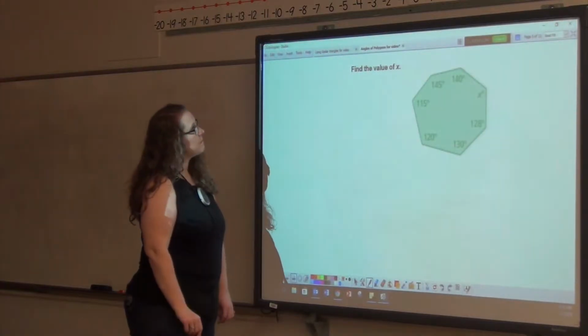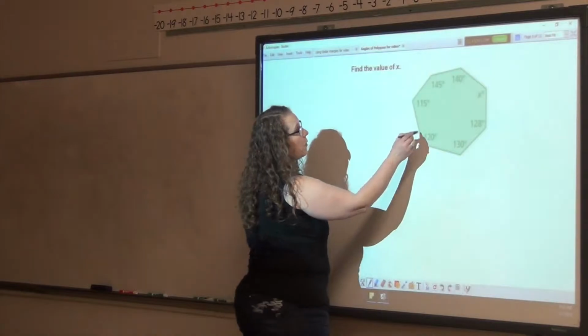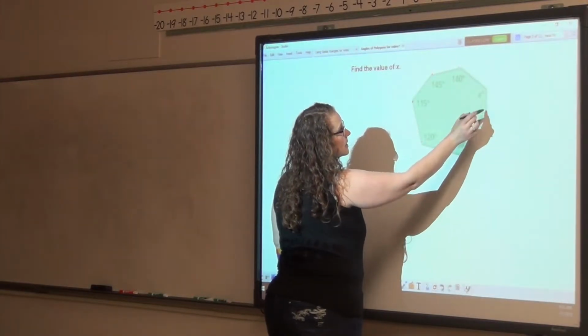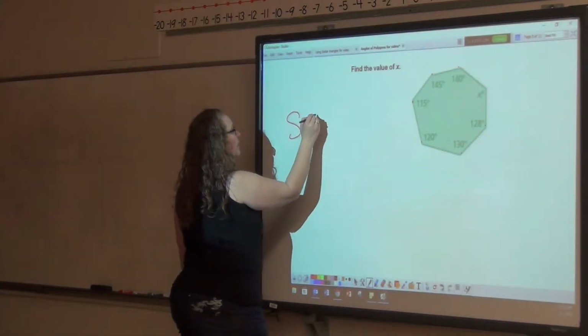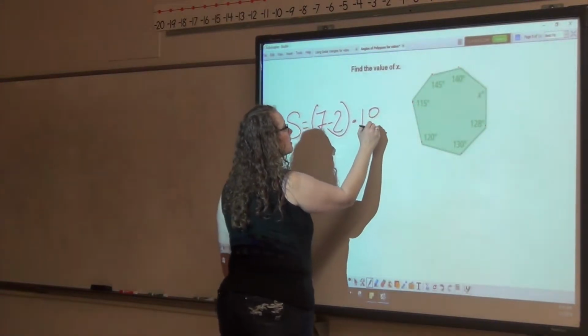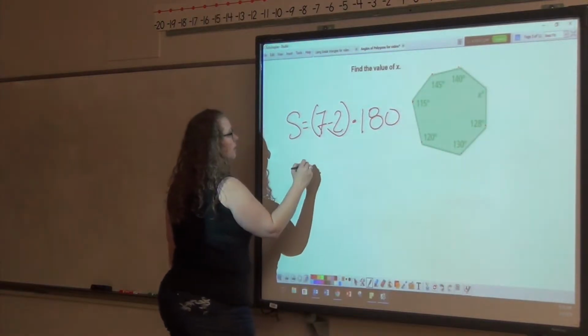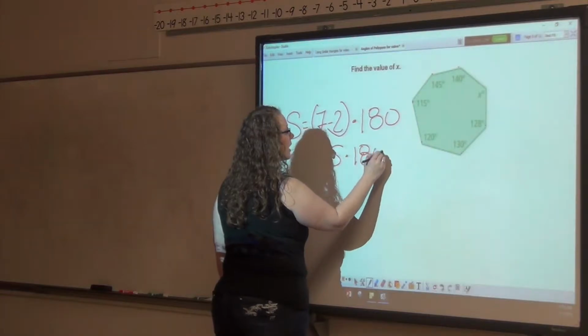All right, find the value of x. So we have 1, 2, 3, 4, 5, 6, 7 sides. So the sum of our angles is 7 subtract 2 times 180. So our sum is 5 times 180.